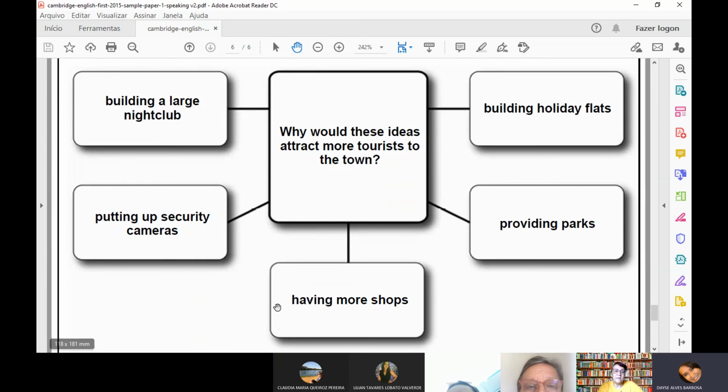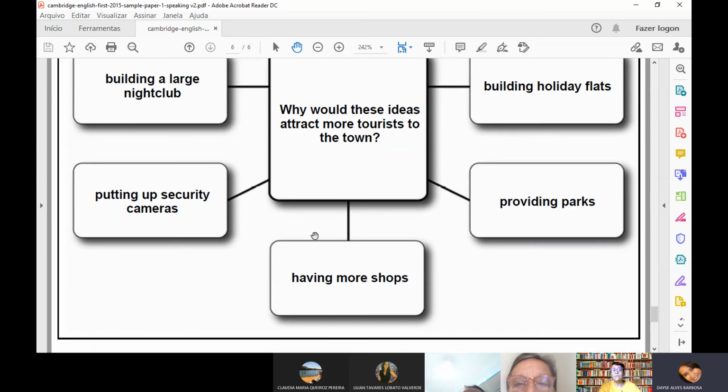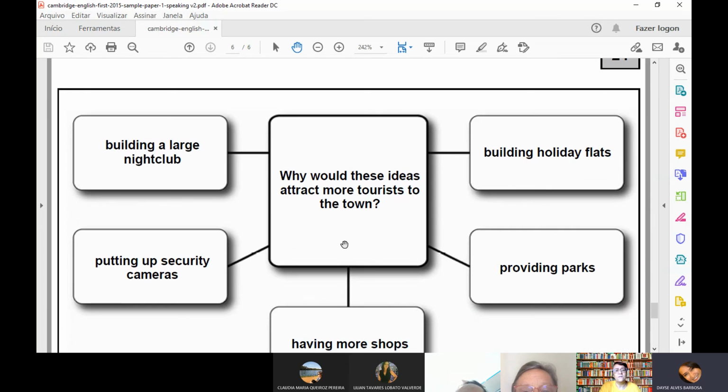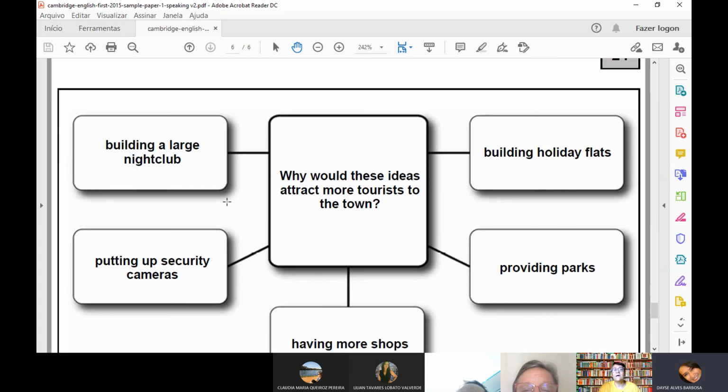So the candidates have to discuss all these things in relation to the question. They have to be all discussed by both candidates. You can't only choose the ones that you want to discuss. This is in the first part, saying good things or bad things, and then when the interlocutor asks which one you think is the best, then you have 1 minute more to decide which one is the best.